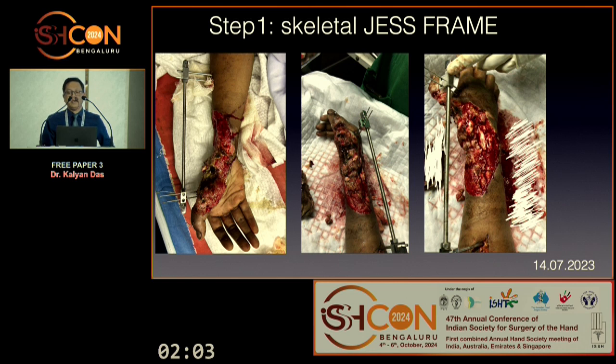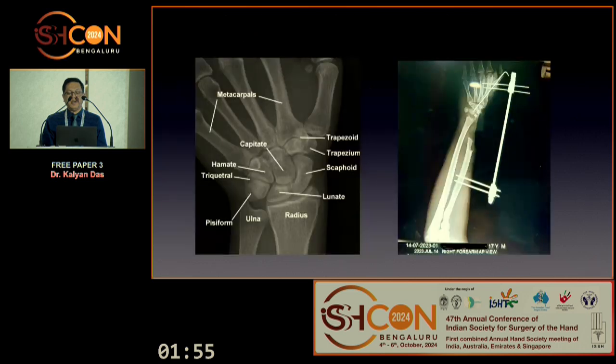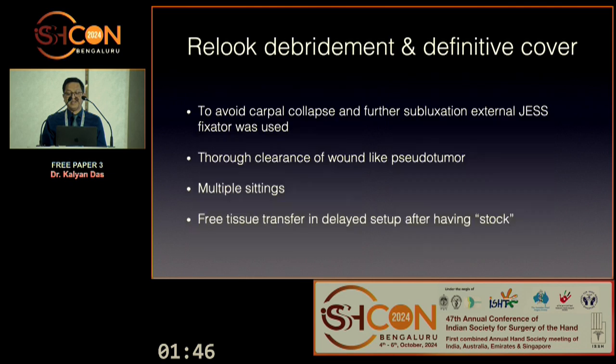We did a skeletal external fixator frame fixation to maintain the height of the wrist joint as well as the metacarpophalangeal joint. This was the defect in the initial X-ray, with a K-wire to stabilize the thumb temporarily. Then we did a re-look debridement and planned for a definitive wound cover.